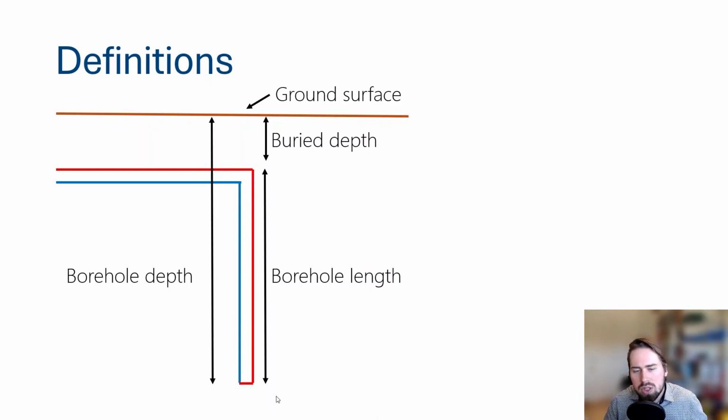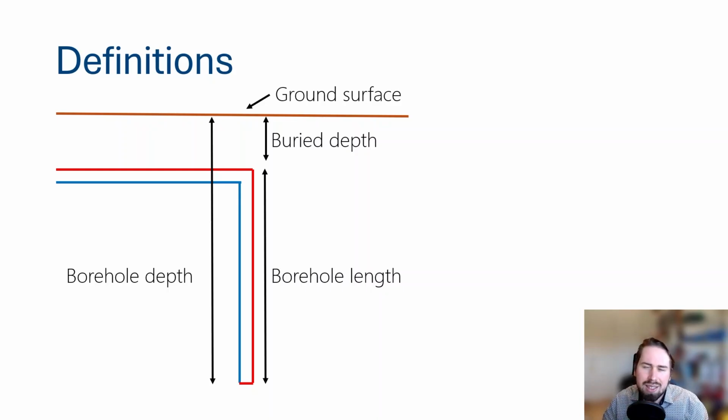So that's what's called the borehole length. So the borehole length is measured alongside the borehole itself. Now if you have the deepest point of your borehole, that's called the borehole depth, which is defined as the buried depth plus the borehole length.